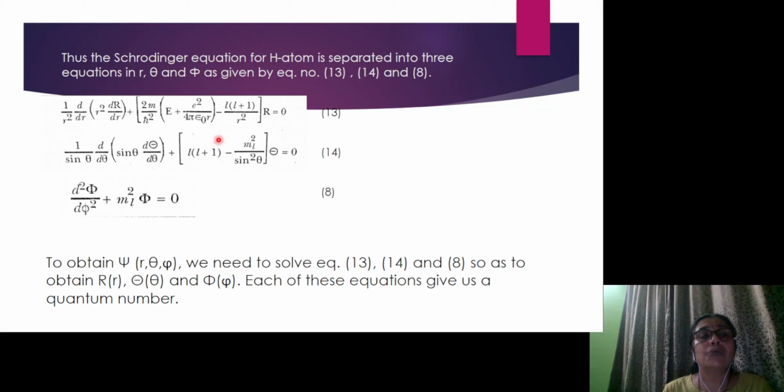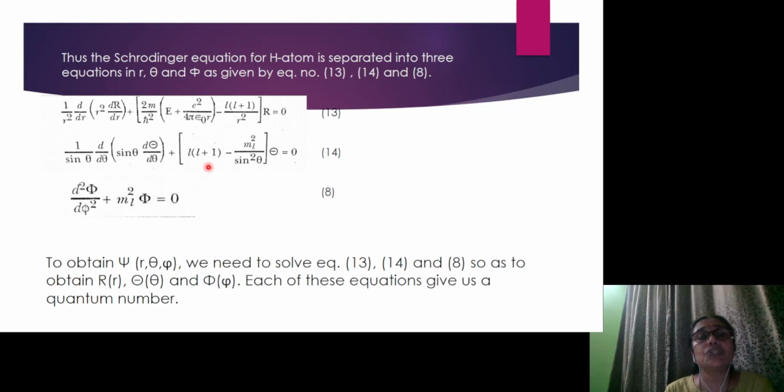Out of these 3 equations you can see that equation number 8, which is the phi equation, seems to be the simpler equation. So we will actually solve this particular differential equation and obtain the possible values of ml, that is the magnetic quantum number.